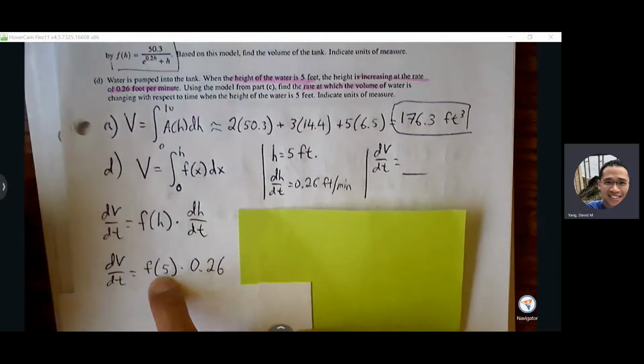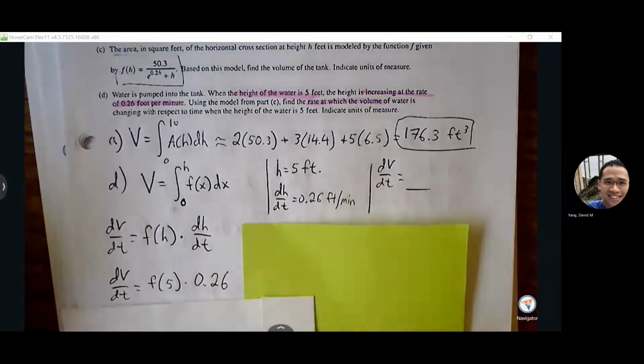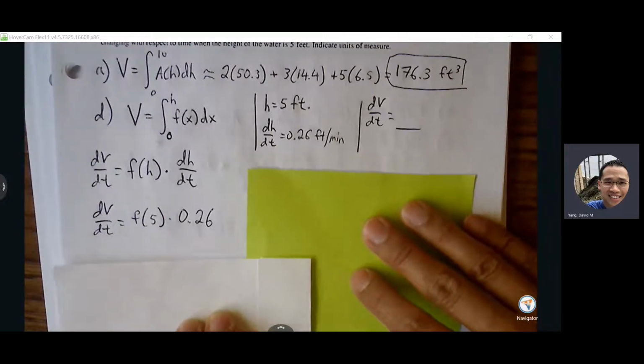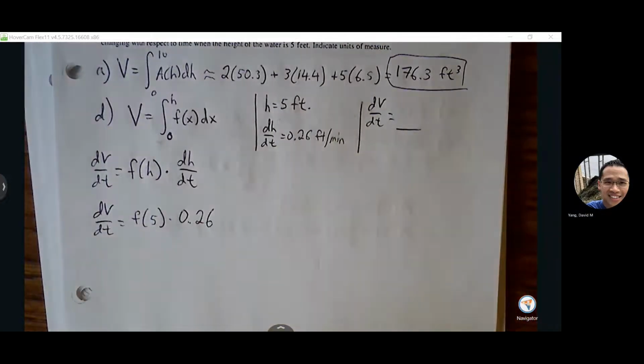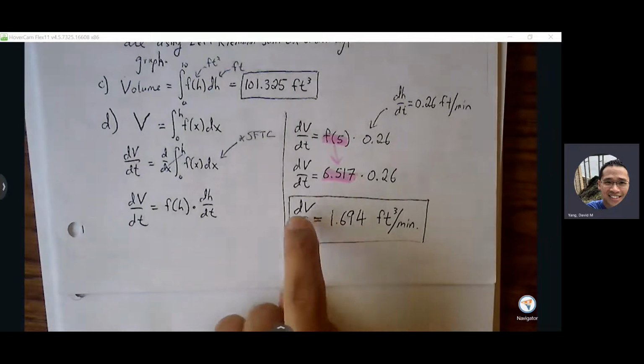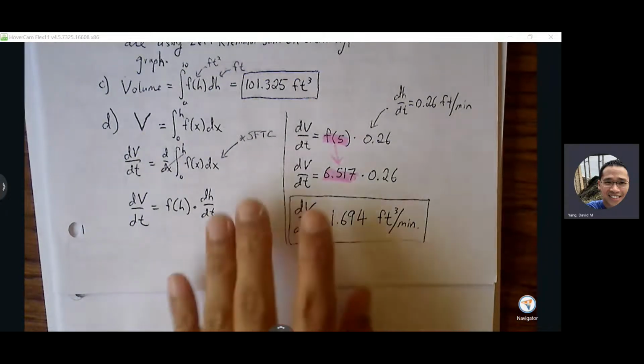Yeah, calculator into the f of h. So no derivative here. We can just insert directly into the function and get that numeric value. 0.694. The unit of measure for volume is cubic feet and time is minutes, so cubic feet per minute.